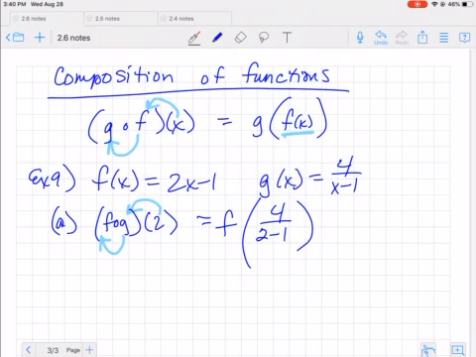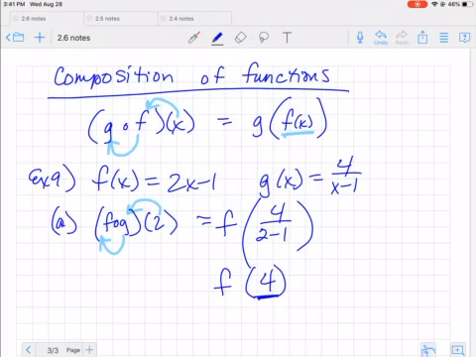So it's like a system, like a machine. You plug it into the first one, it does its thing. Then whatever you pump out goes into the next piece of it. So I'm really having f of 4, and then 2 minus 1 is 1, so it just leaves me with a 4. You do not plug 2 into the f. Do not.